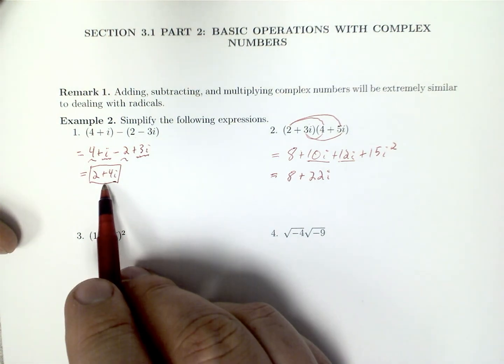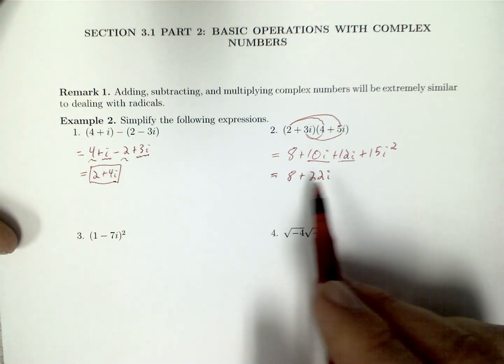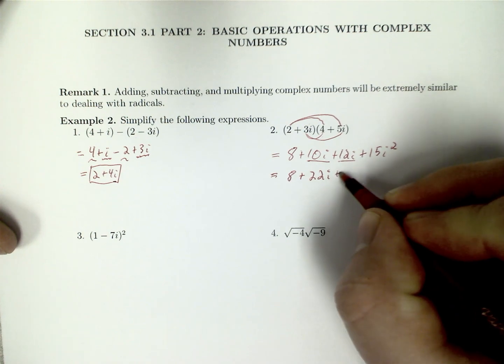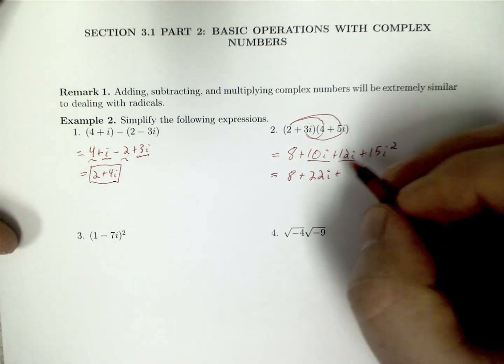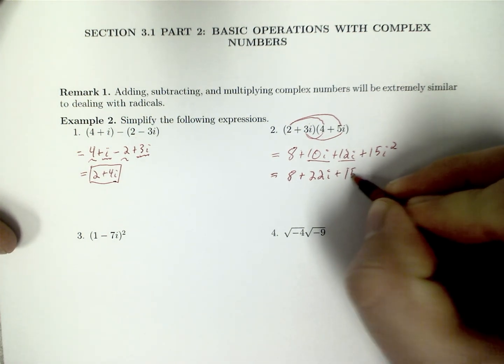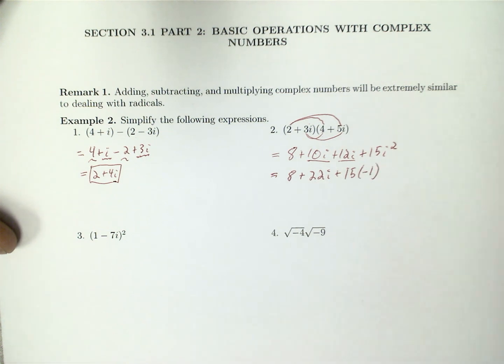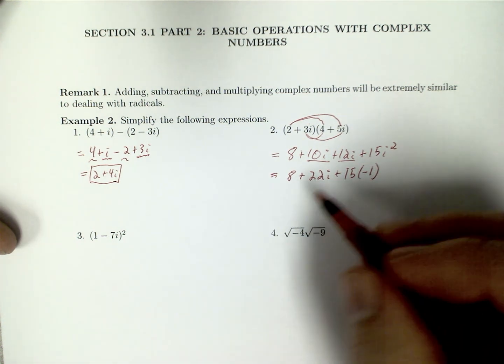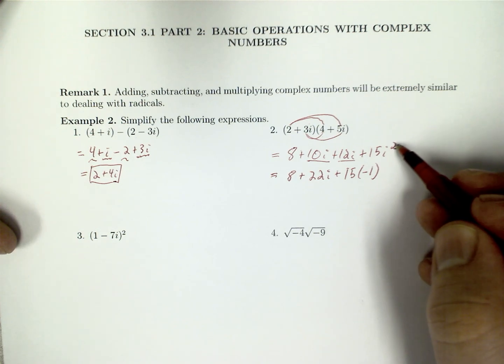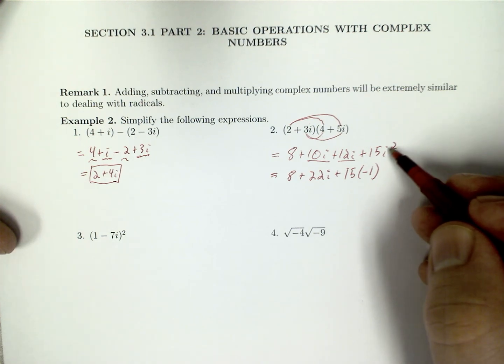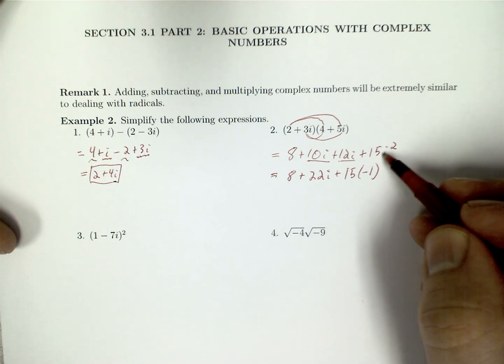So far that one looked normal, like we're dealing with an algebraic expression. This one, however, the moment you have a squared next to your i, remember, i squared is the same thing as negative 1. You can basically break down every power of i to be either plus or minus 1 or plus or minus i.